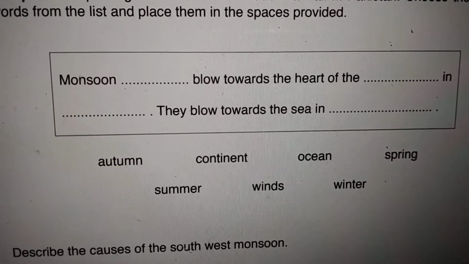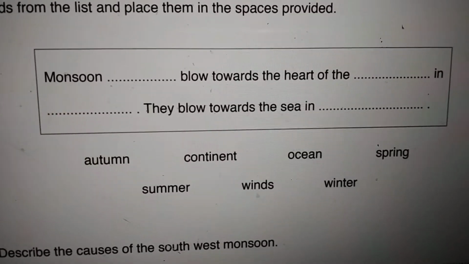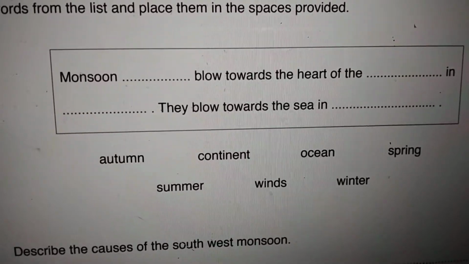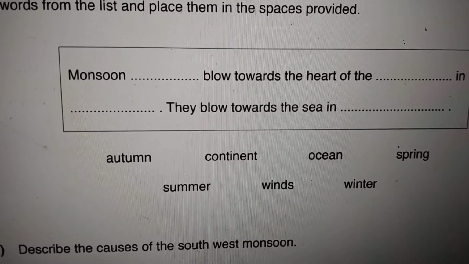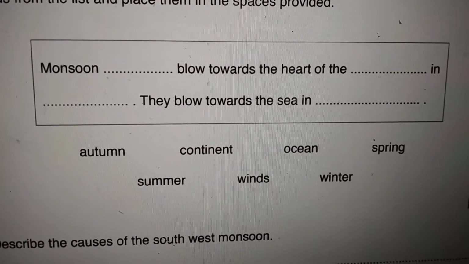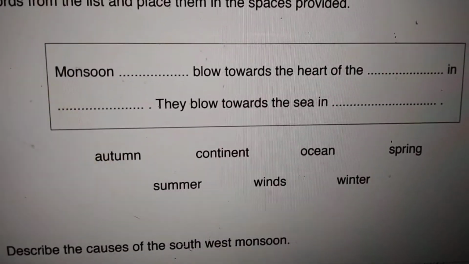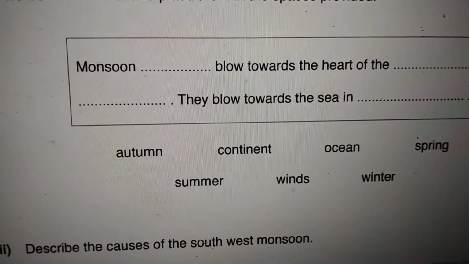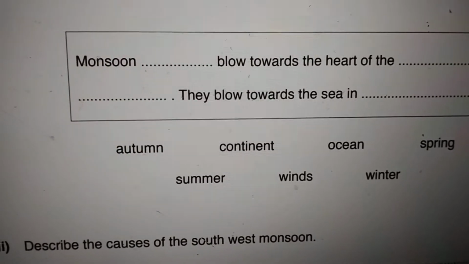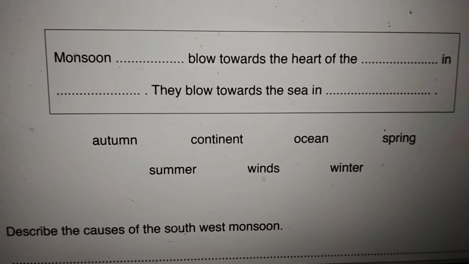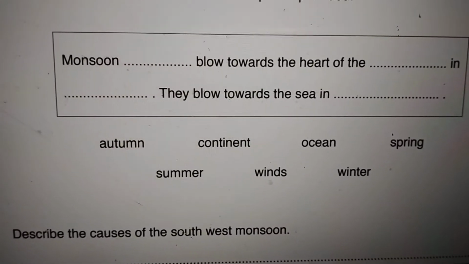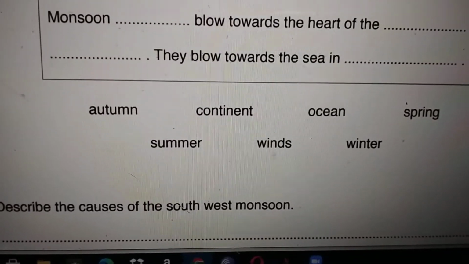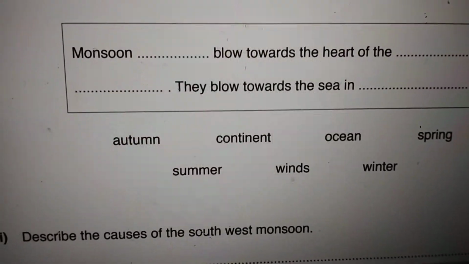So it's given over here: monsoon winds blow towards the heart of the continent in summer, and they blow towards the sea in winter. All these words I've selected from the list.